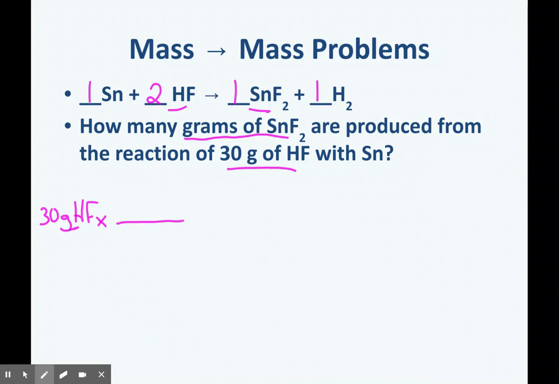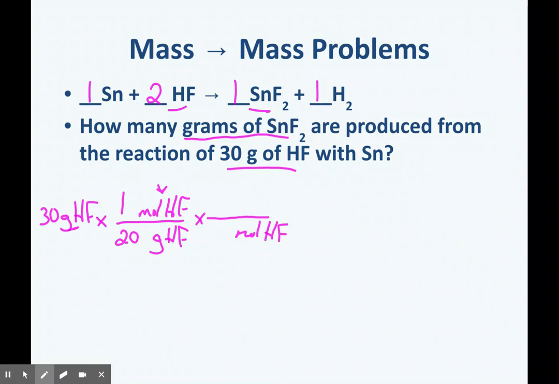So since grams of HF is what we start with, that goes on the bottom. So we can't switch that yet. So we're going to have to do grams to moles of HF. And the mass of HF is going to be 20, so 1. We've got moles of HF on the top, so that needs to go on bottom.